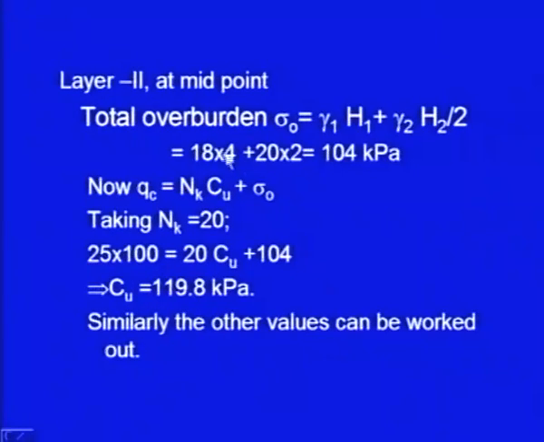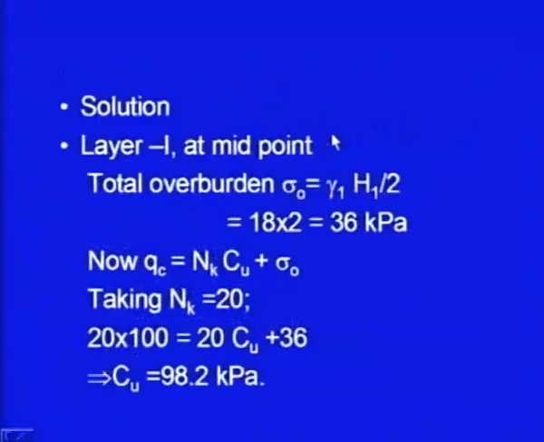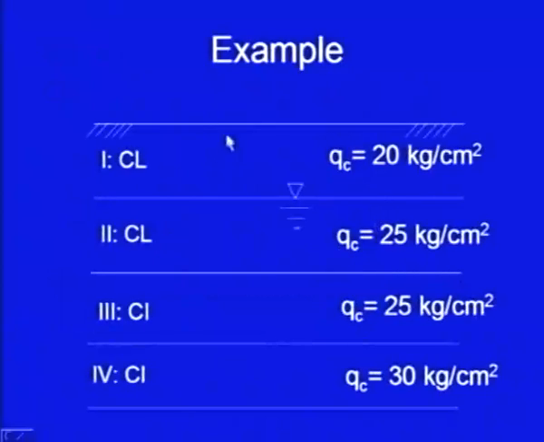Similarly, for layer number 2, we are calculating the overburden pressure sigma 0 at the midpoint here. So, gamma 1 H1 plus gamma 2 into H2 by 2.